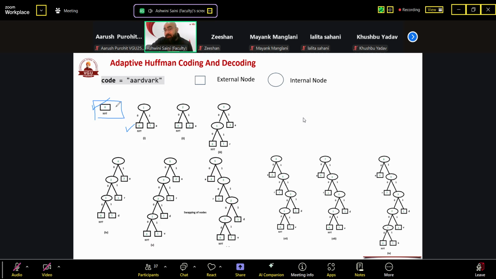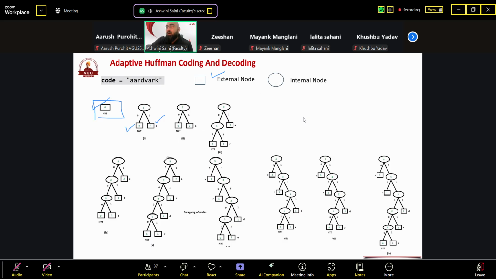Fine. If that particular character is already in the tree, we are not going to use NYT. We are just updating. I will show you how we do that. This NYT is the external node, and every character we add is always an external node. Which one is the internal node?